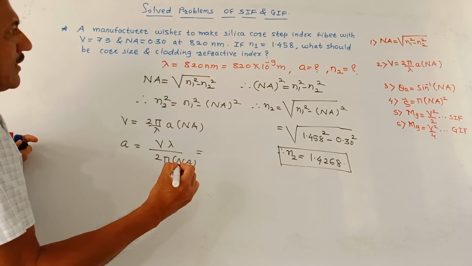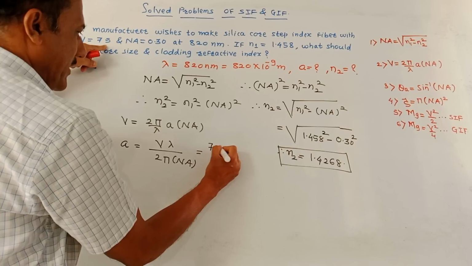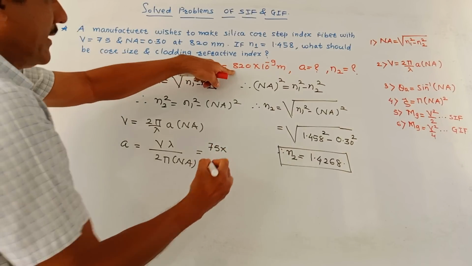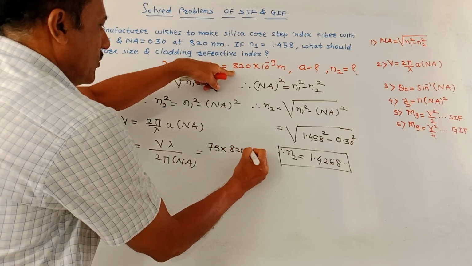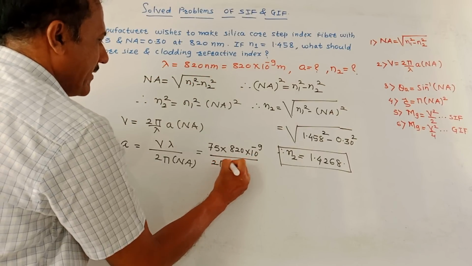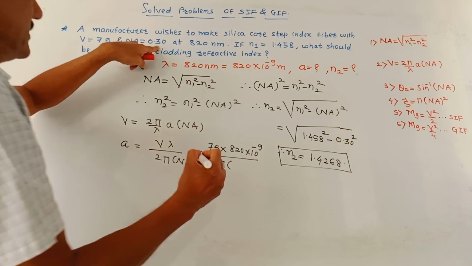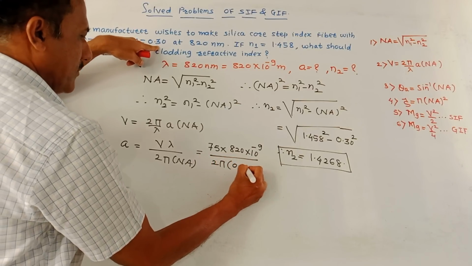So put in the values. The value of V given in the question is 75, into the value of lambda, 820 into 10 raised to minus 9, upon 2 pi, into the value of NA, the numerical aperture, which is also given in the question, that is 0.30.